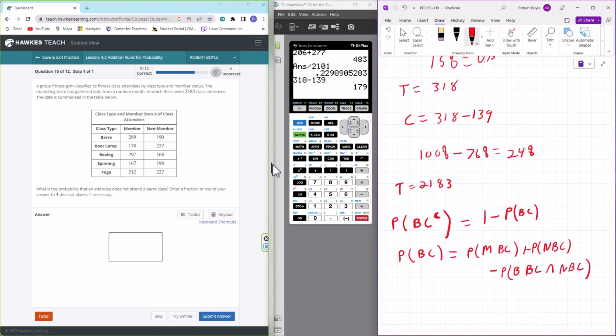However, since somebody cannot both be a member and a non-member, this is equal to 0.